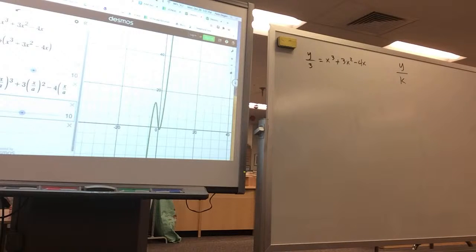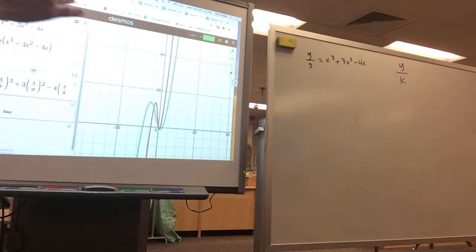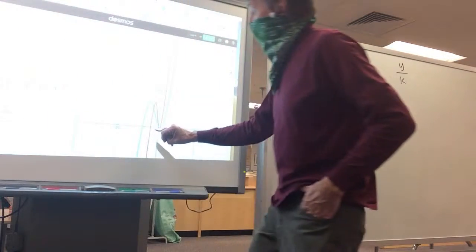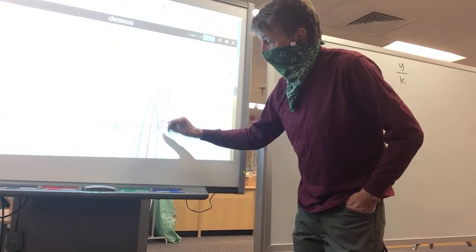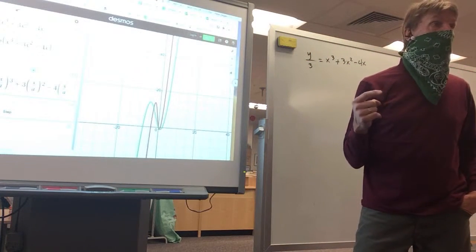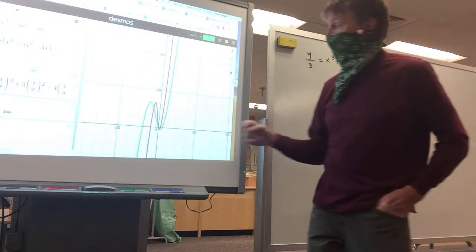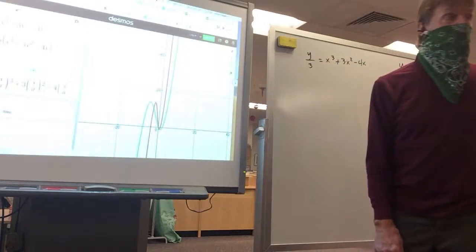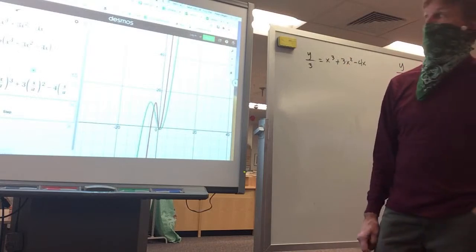But if we change the x value, what we end up doing is we spread out the graph. In other words, we have to get 2 times as far away from the y-axis to get the same output value. And that's what we went over on Friday.